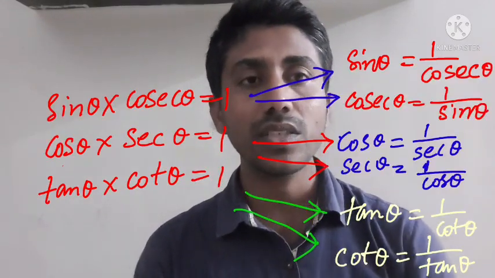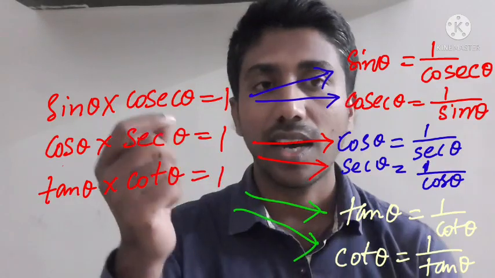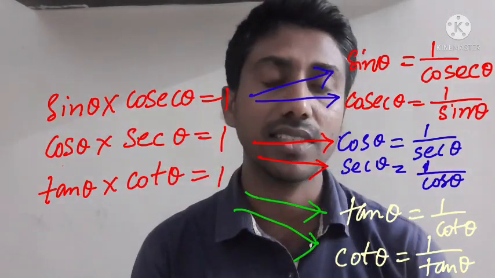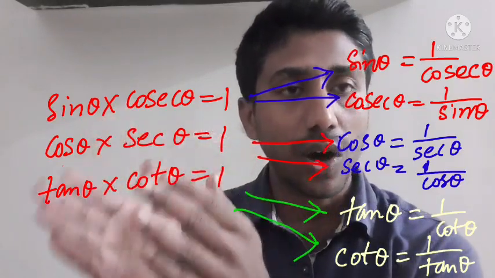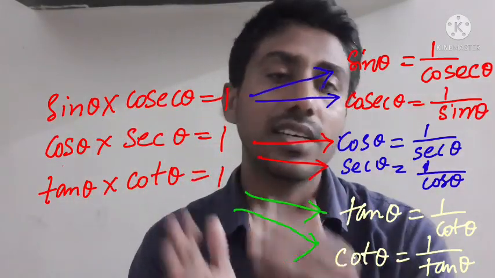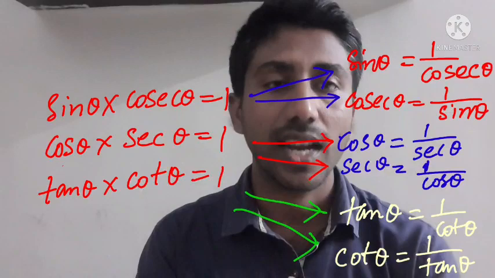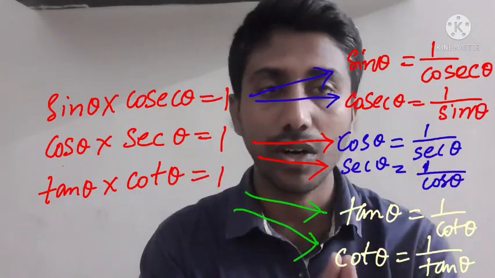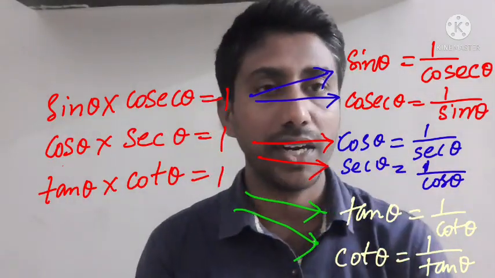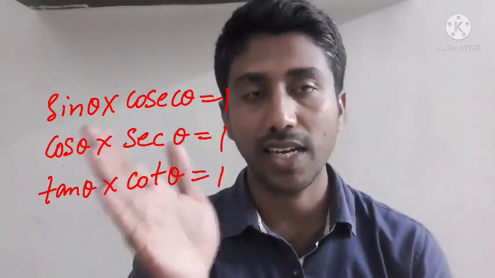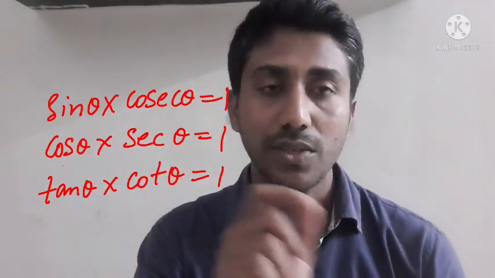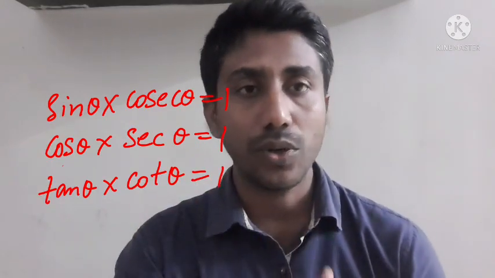So sin equals 1 by cosecant, or cosecant equals 1 by sin; cos equals 1 by secant, or secant equals 1 by cos. Next, tan equals 1 by cot, or cot equals 1 by tan. And the product of reciprocals is 1: sin into cosecant is 1, cos into secant is 1, tan into cot equals 1.